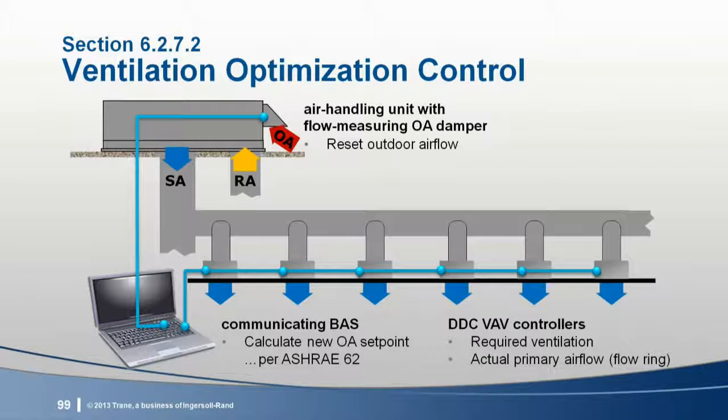So Standard 62 permits the dynamic reset of outdoor air intake as operating conditions change without even considering population changes. Since each VAV controller knows its required outdoor airflow rate and senses its primary airflow, the building automation system can collect this zone information and solve the multiple zone system equations to find the current intake flow required.